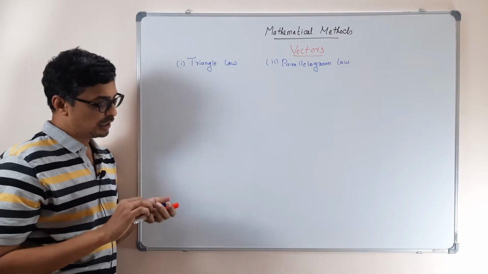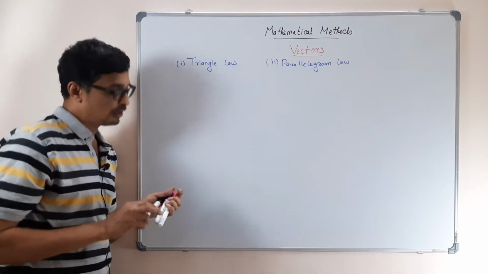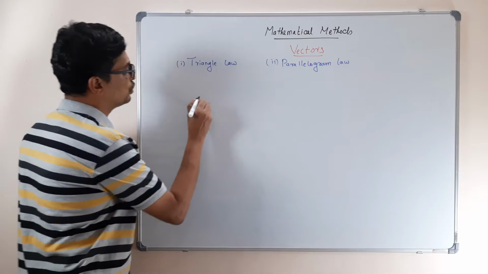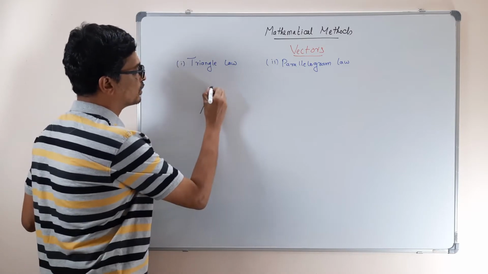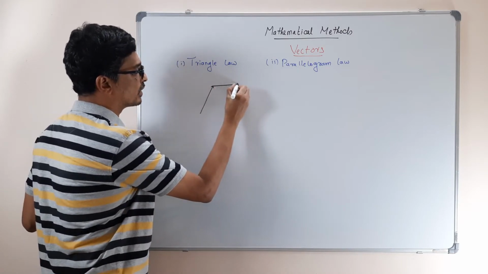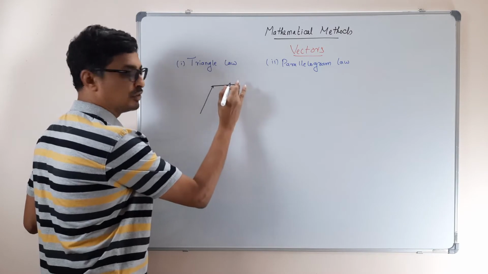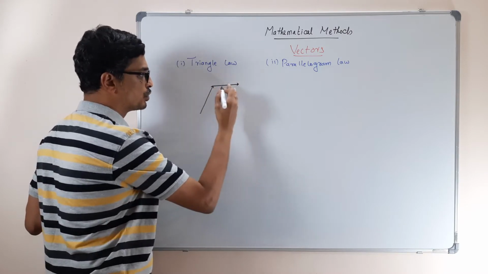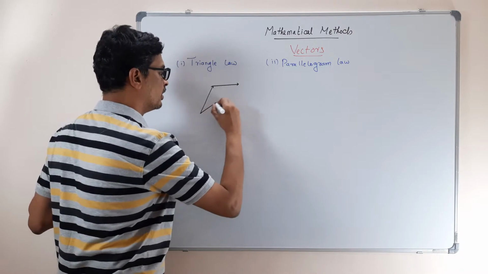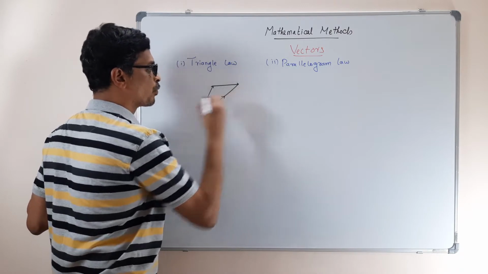So what we saw in the triangle law, how did we add? If we have two vectors, something like this, one vector and another vector in the same direction, then the resultant of these two vectors will be a single vector.